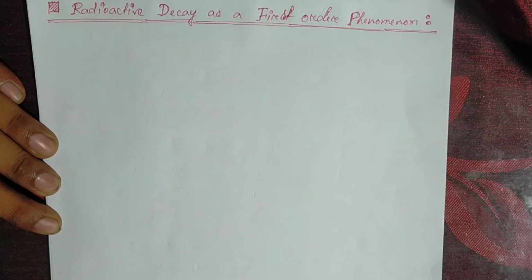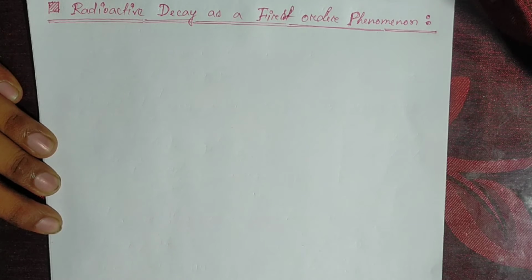Let's discuss radioactive decay as a first order phenomenon. Before knowing that, we have to know about radioactive decay. What is radioactive decay? There are some substances present in the earth, and from those substances, when some energy or light strikes them, very minute particles separate from the parent atom or parent substance.